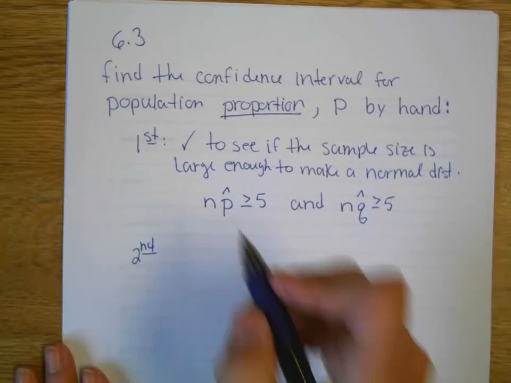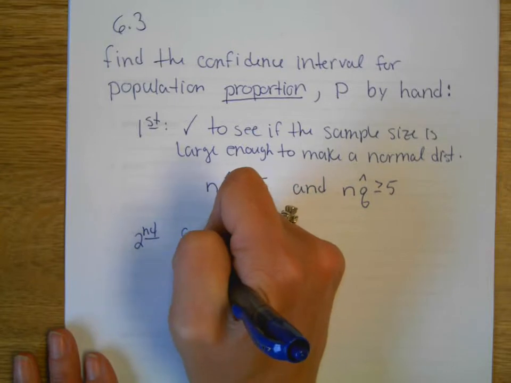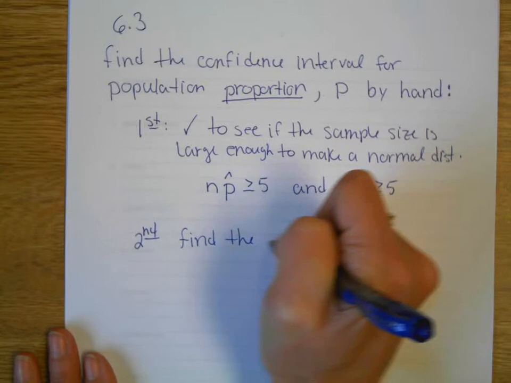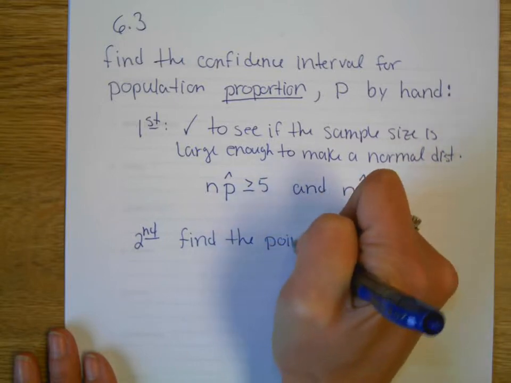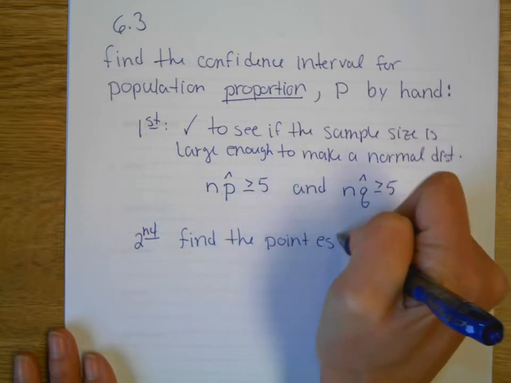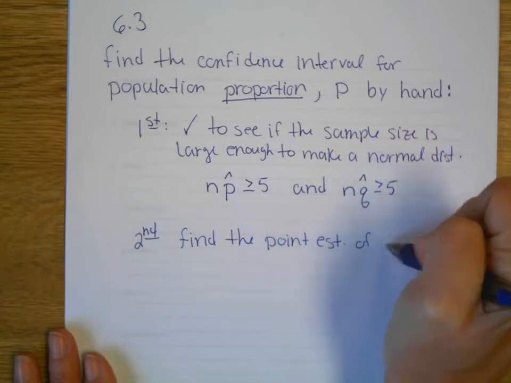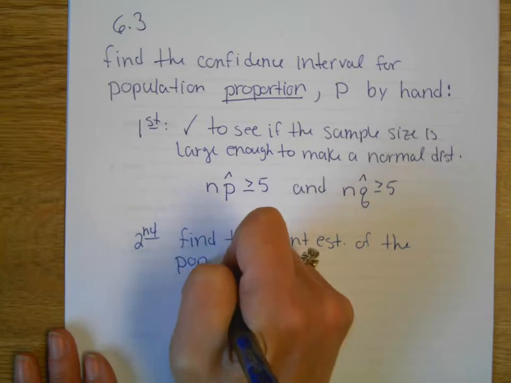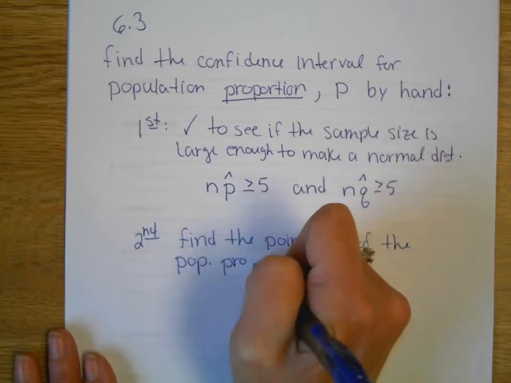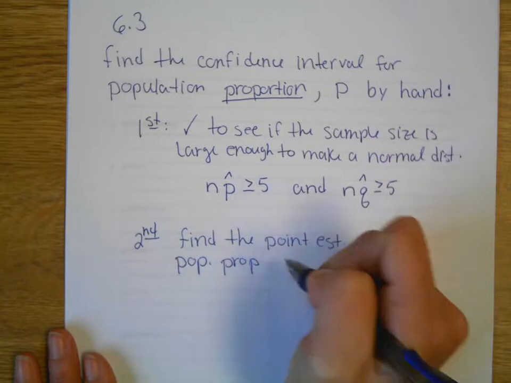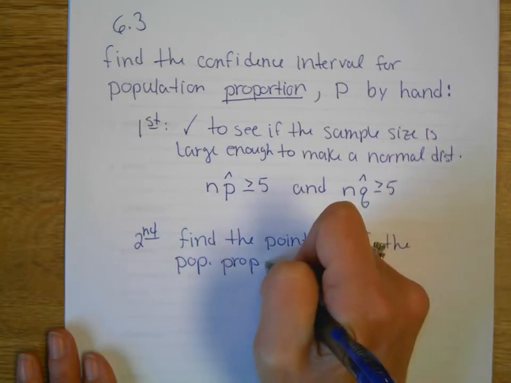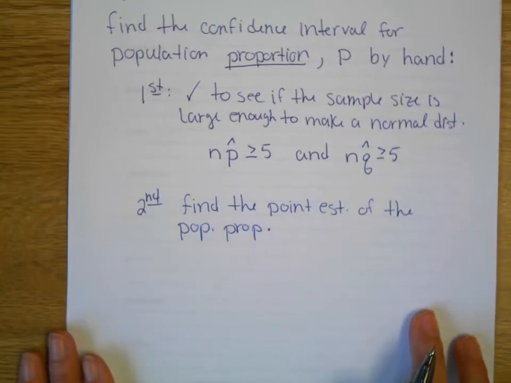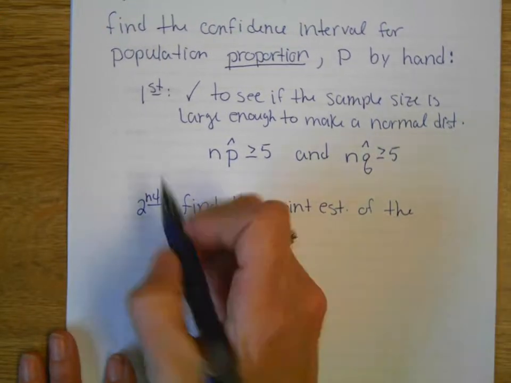So, you're going to be finding, obviously you got to find this first, the point estimate of the population proportion. And the point estimate of the population proportion is the sample proportion.